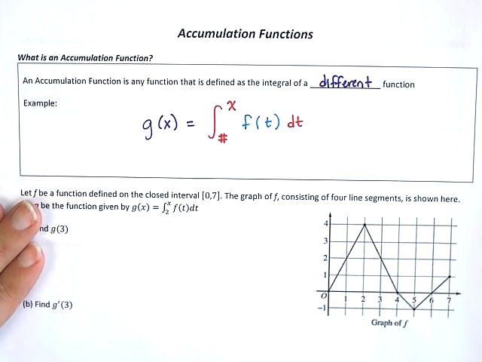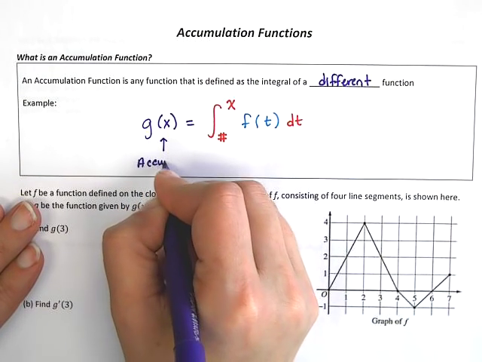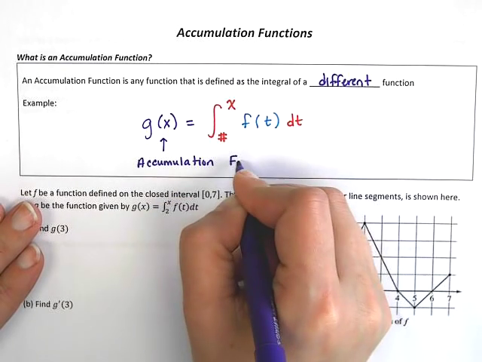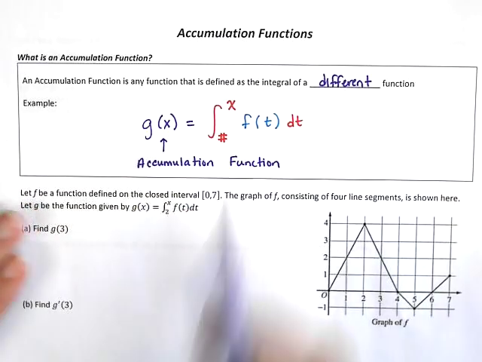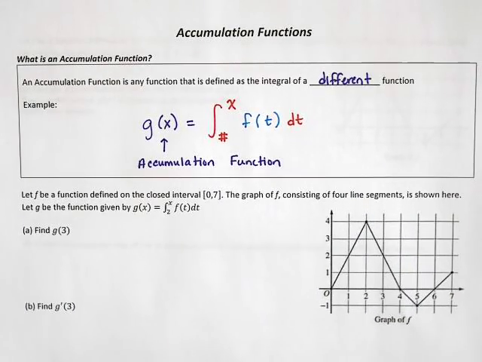Now in this problem, g of x is the accumulation function, because to figure out what's happening with g of x, I'm going to need to integrate a different function, f. So let's look at the types of problems and questions that we can be asked about accumulation functions.